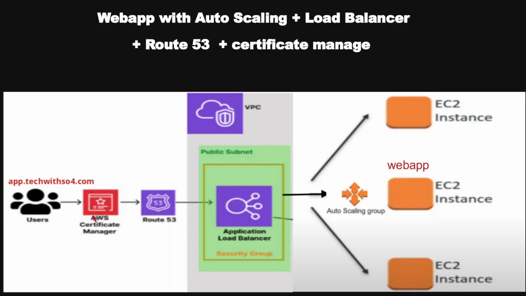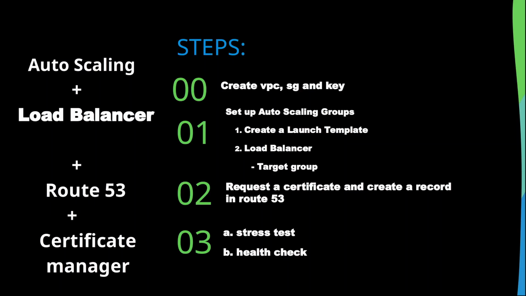We requested a certificate and created a record in Route 53 for our domain name. So now we can go to the browser and type app.techwithso4.com, and then we'll be able to access our web application. So we're going to do a stress test and see if the auto scaling is working.